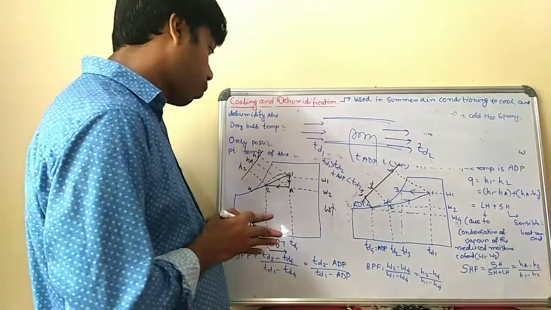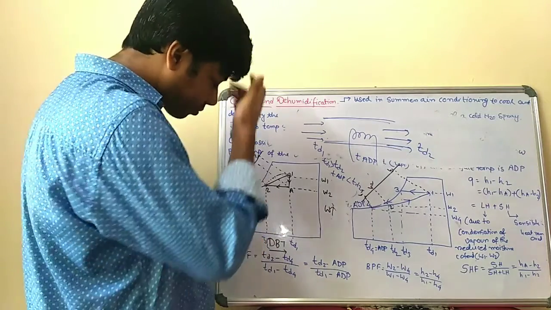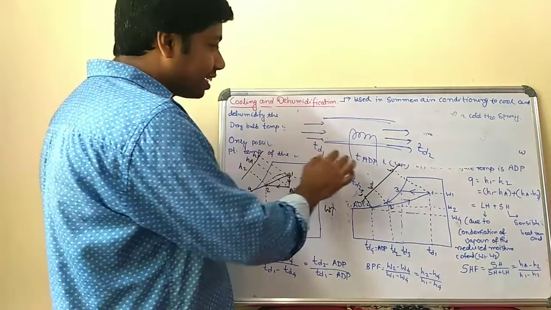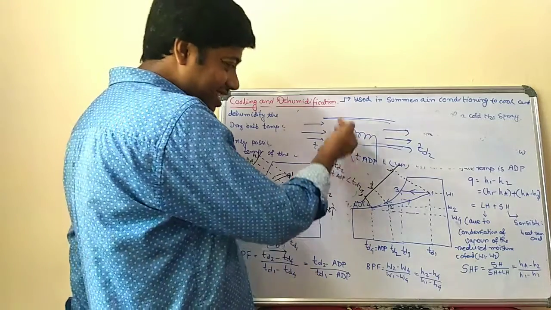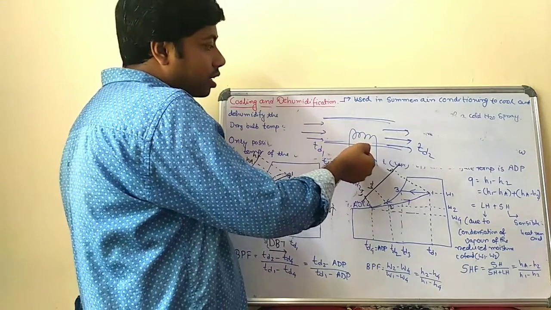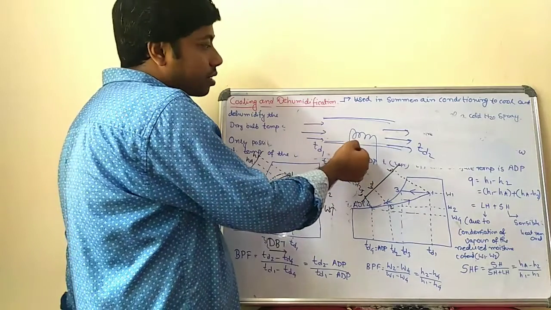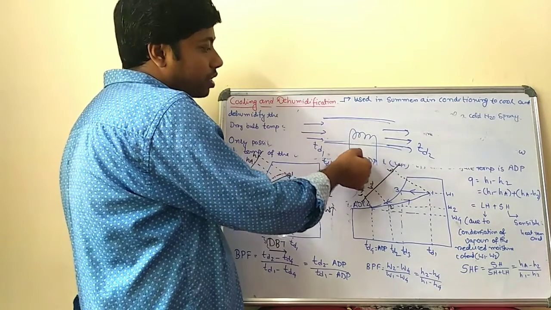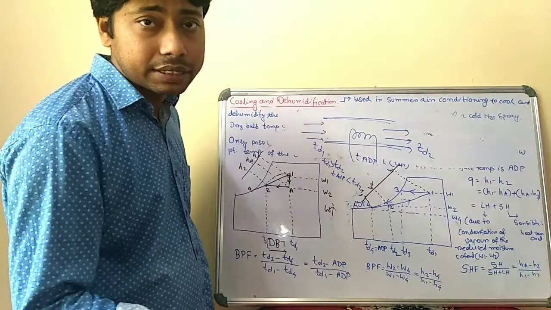But how? You have to know that the cooling and dehumidification process is done by setting the apparatus dew point temperature of the cooling coil. You have to set the apparatus dew point temperature lower than the entering air dew point temperature.